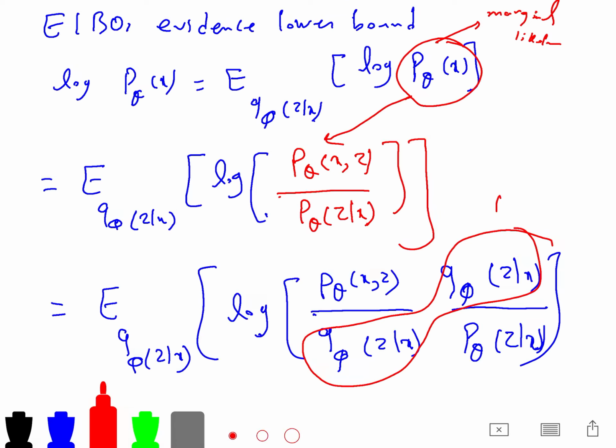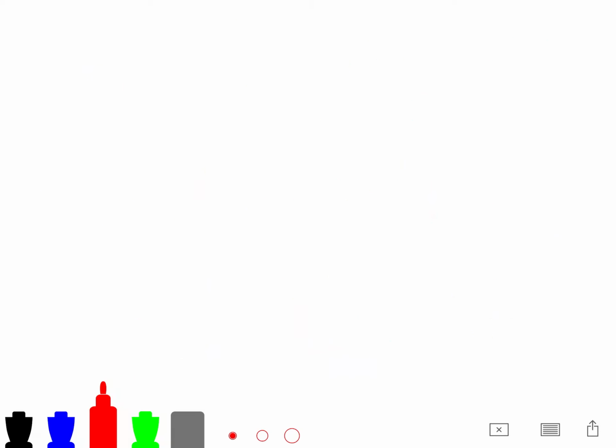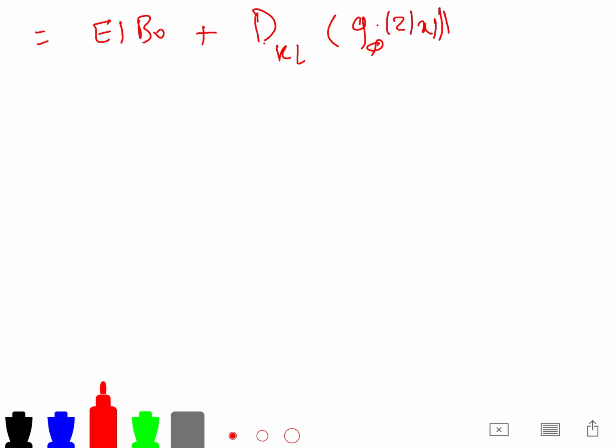And so we can write it as elbow plus KL divergence between q phi of z given x and p theta of z given x.